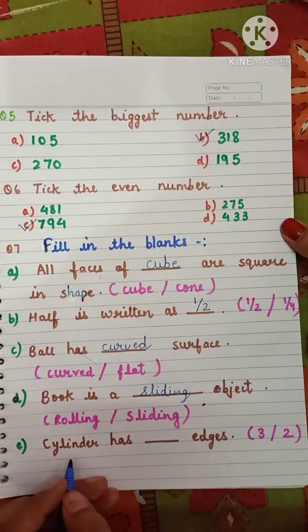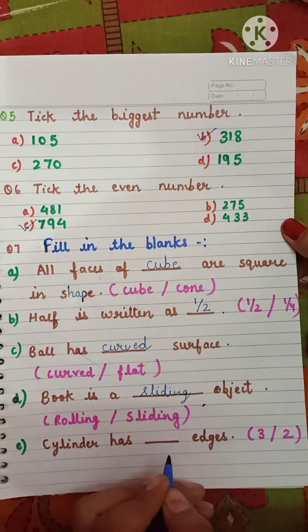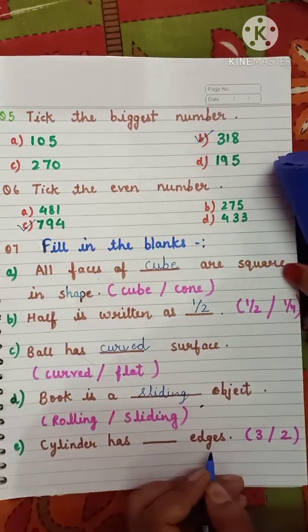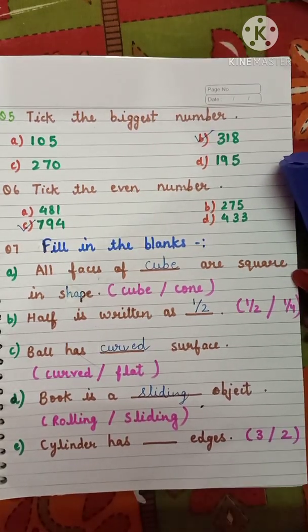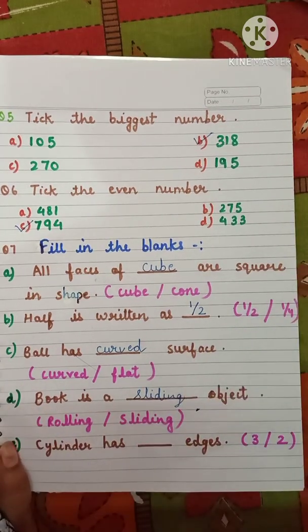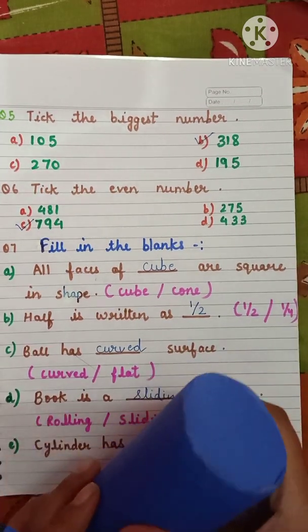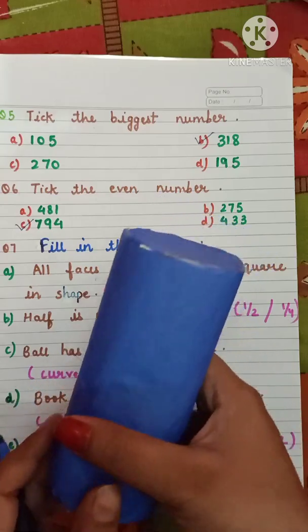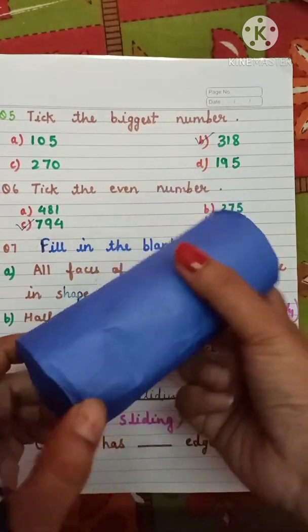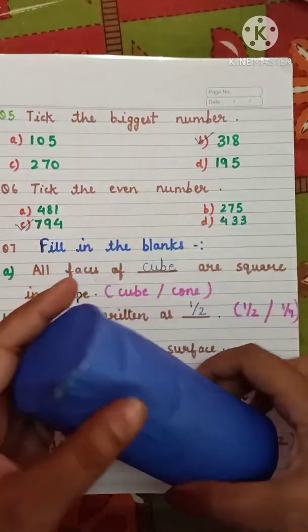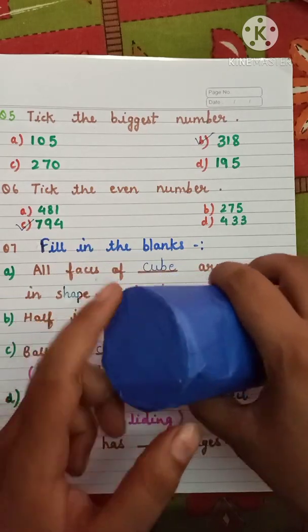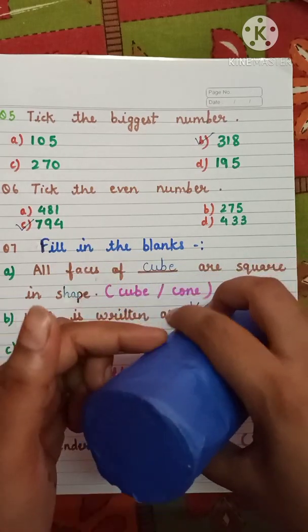E part. Cylinder has dash edges. Options are 3 and 2. Look here. Here is a cylinder in my hand and we know that an edge is the line between two faces.